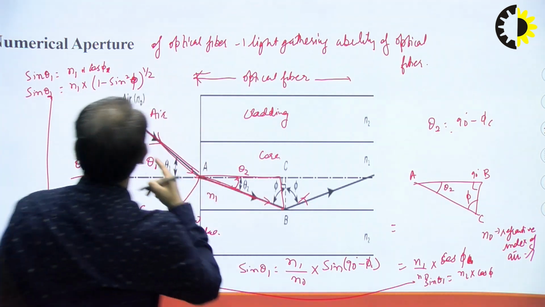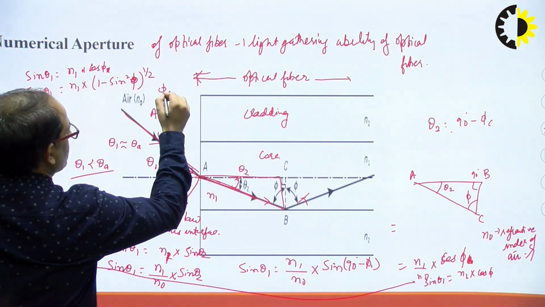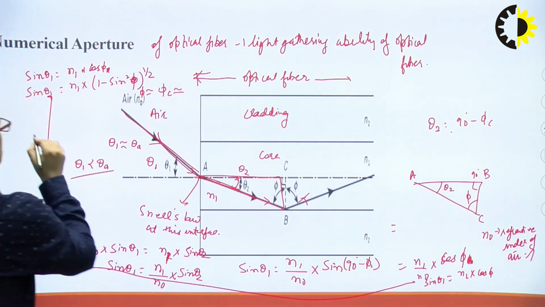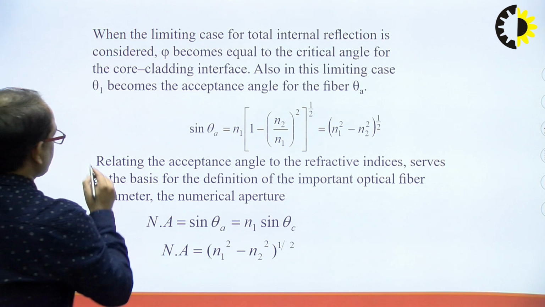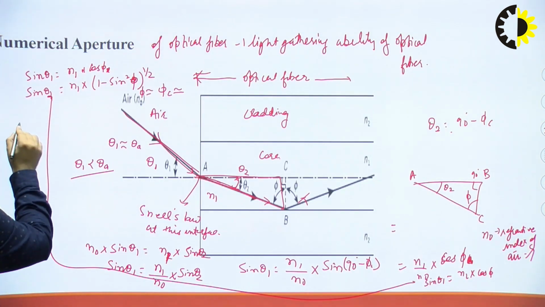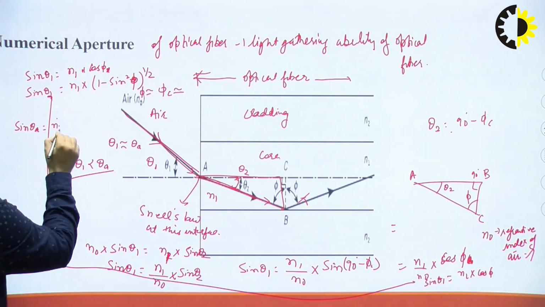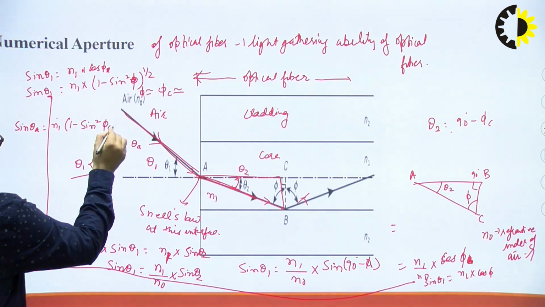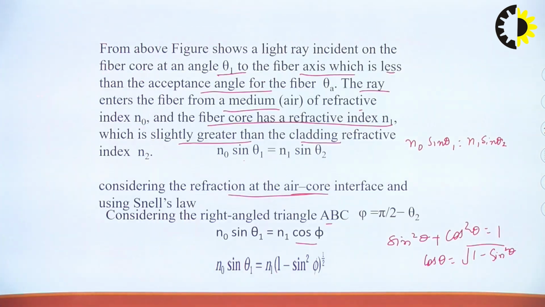Then phi will become equal to, in the limiting case, phi C. So I'll write here that sin theta A will become equal to n1 into (1 minus sin square phi C) whole power 1/2. Clear?